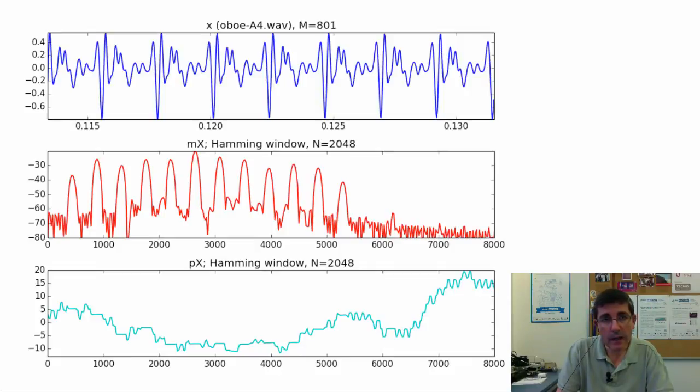But now let's see if we increase this window size. So instead of having these 401 samples, we have twice as many. So we have 801 samples, and then we do the same thing. We apply the Hamming window, and then we take an FFT which is larger. We see this spectrum.